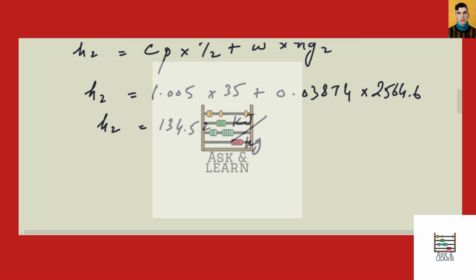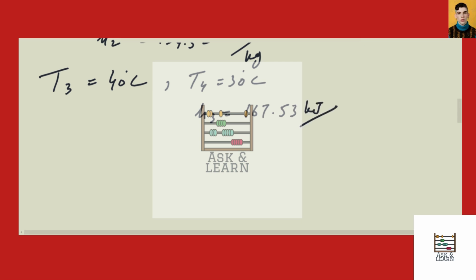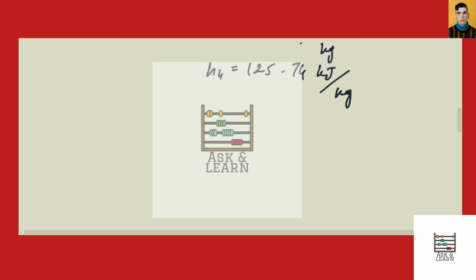For the calculation, we will use the given temperatures, T3 = 40 degrees centigrade and T4 = 30 degrees centigrade. So H3 is equal to 167.53 kilojoules per kg, and H4 is equal to 125.74 kilojoules per kg.